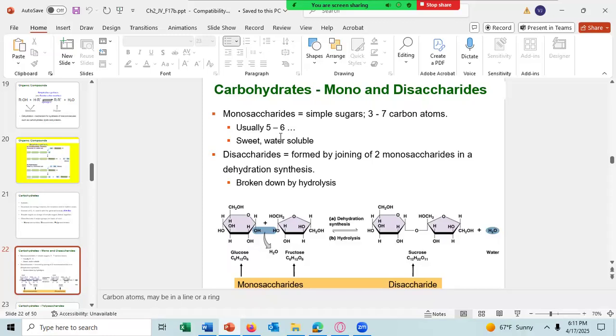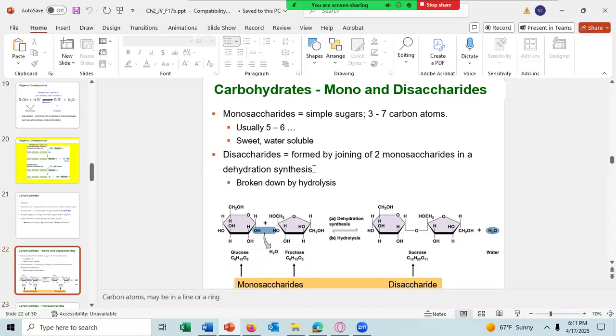Like glucose has 6, fructose has 6, ribose, another sugar, has 5 carbons. So almost all simple sugars have either 5 or 6 carbon atoms. Sugars or monosaccharides are sweet and they're water soluble. Why do we call them sugars? Because they're sweet.